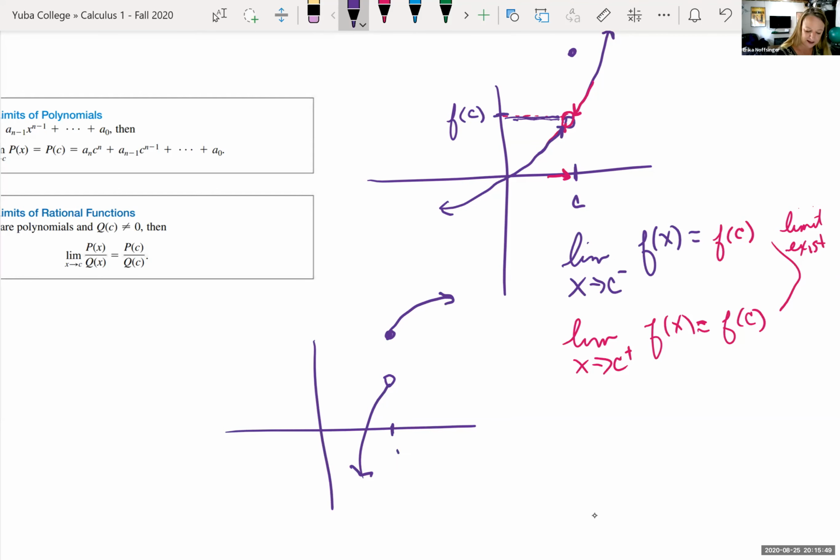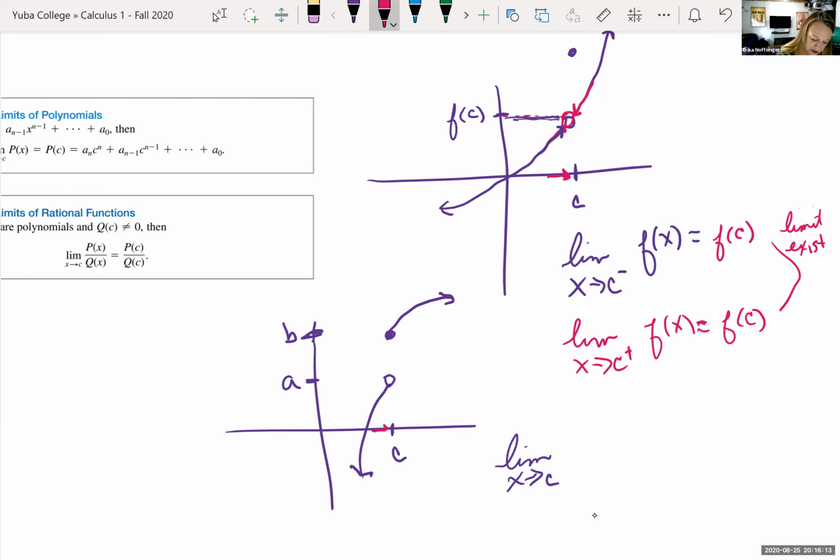But so at this value, maybe here is what the y value is, and let's say that this y value here is b. And so the limit in this case, let's say we're coming into the c value on the left-hand side.